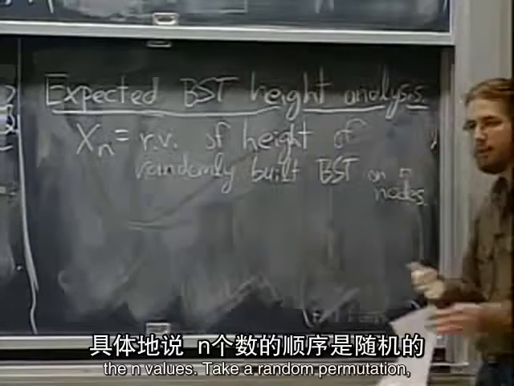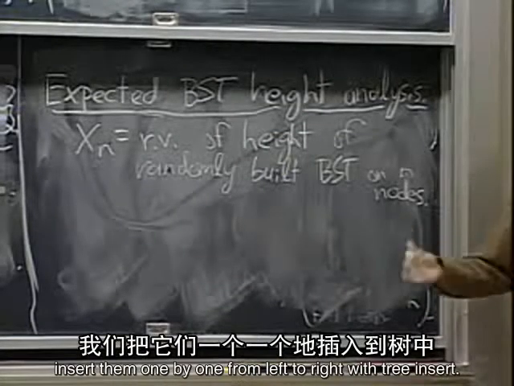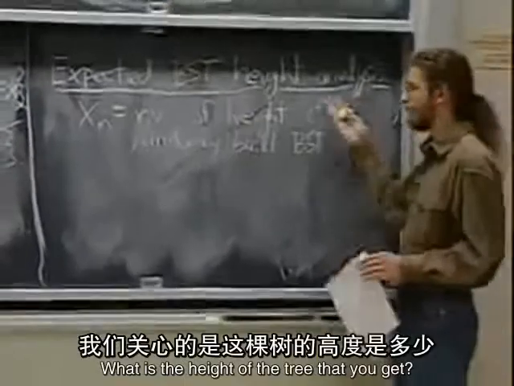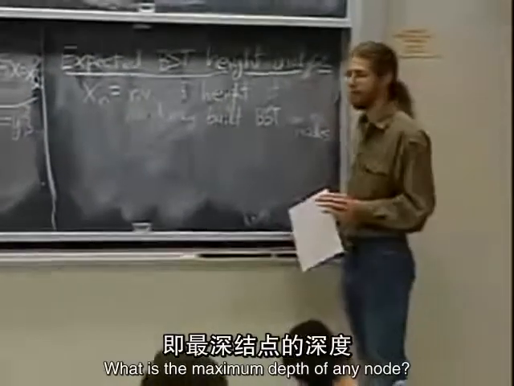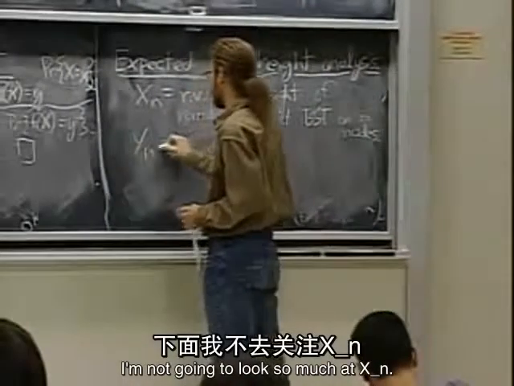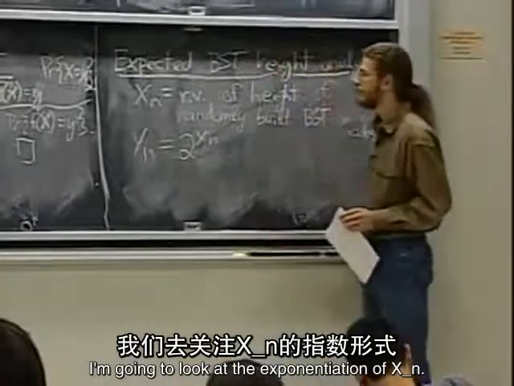That was: randomize the n values, take a random permutation, insert them one by one from left to right with tree insert. What is the height of the tree that you get? What is the maximum depth of any node? I'm not going to look so much at X_n. I'm going to look at the exponentiation of X_n.